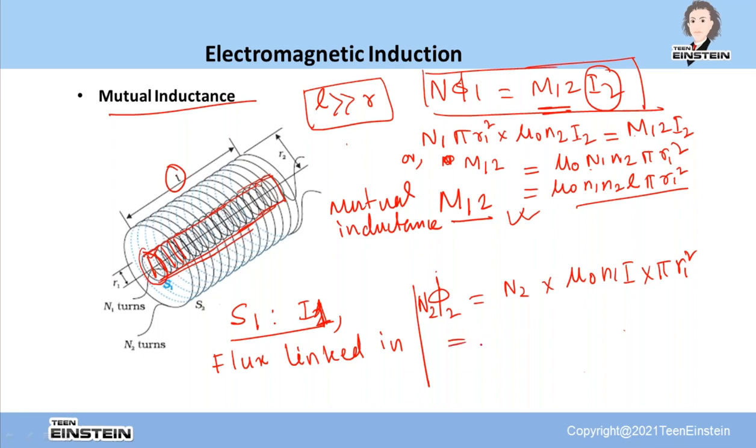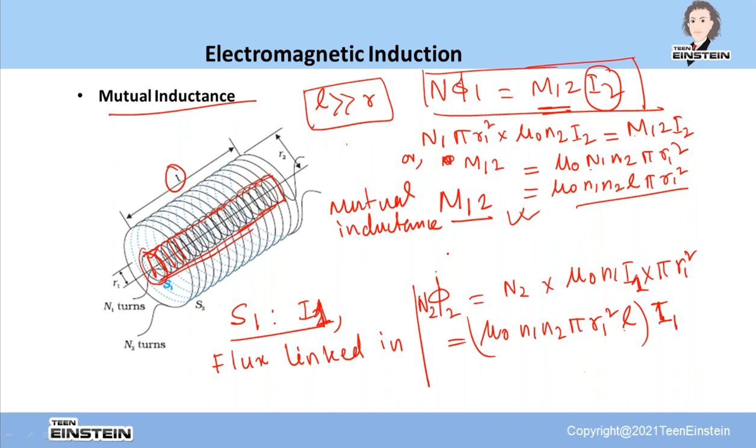Now I can do one thing. I can write mu 0 N1 N2, and N2 means I have to multiply L obviously here. So pi R1 square into L into I1, because the current I have passed through solenoid 1.